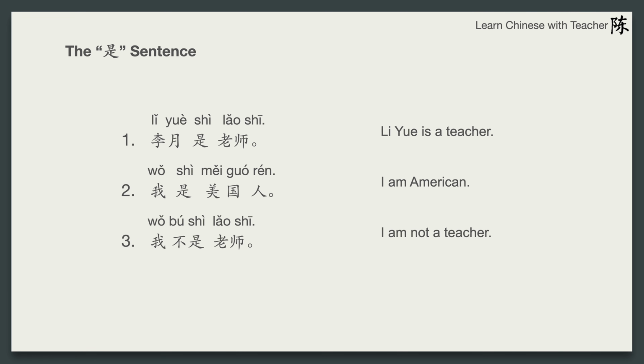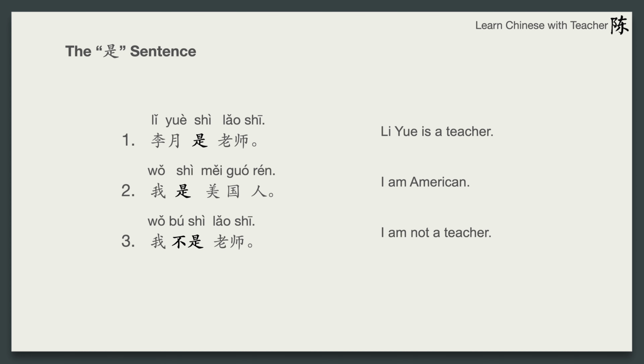The 是 sentence. 是 means to be. Let's read these sentences first. 李月是老师。我是美国人。我不是老师。 是 means to be in English.